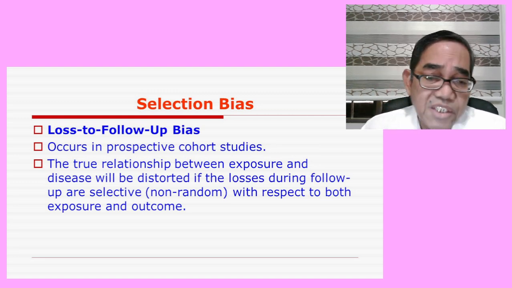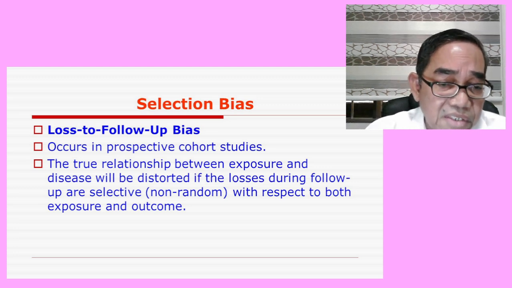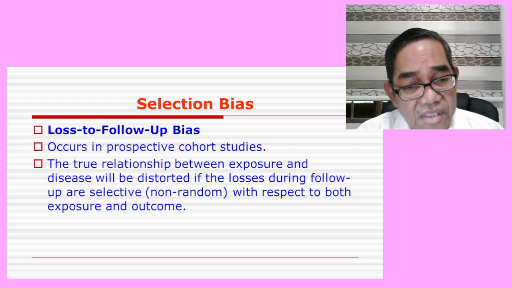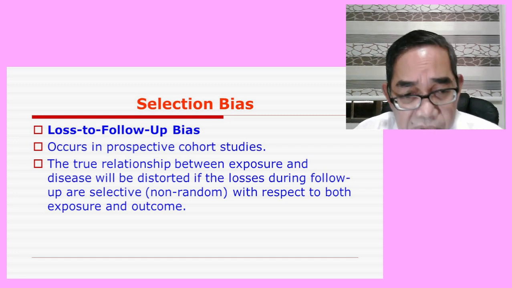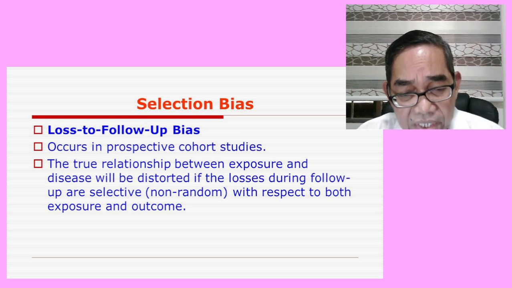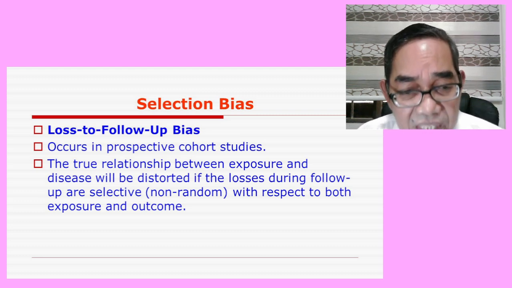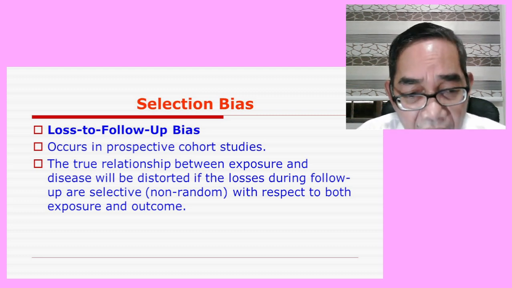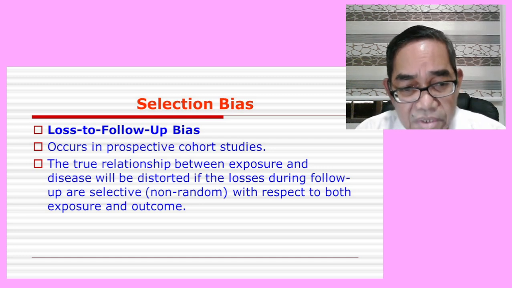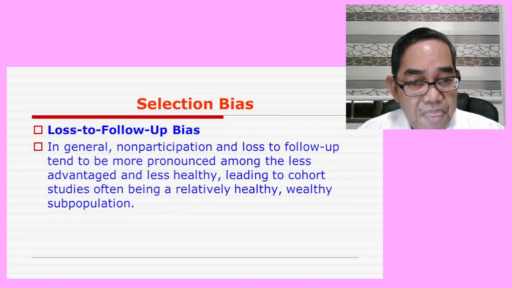Another selection bias is what we call the loss to follow-up bias. This occurs in many prospective cohort studies and even in a clinical trial. The true relationship between the exposure and the disease will be distorted if losses to follow-up are selective, non-random, with respect to both the exposure and the outcome.